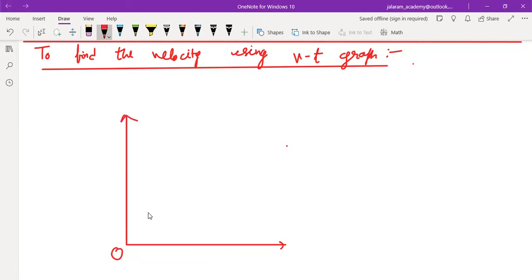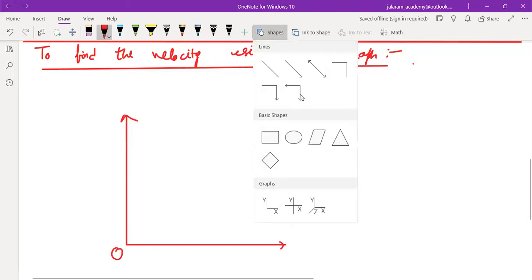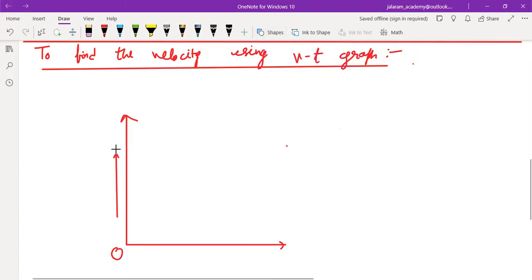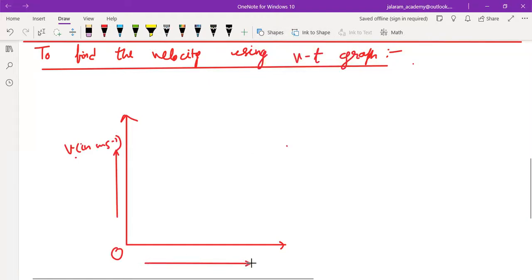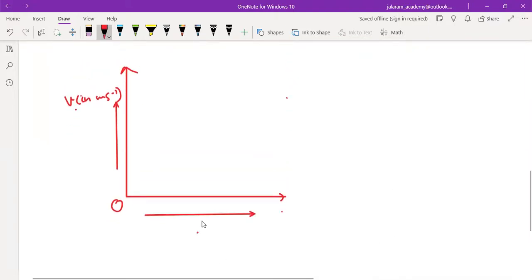As this is velocity time graph, clearly velocity is shown along y-axis and time in second along x-axis.